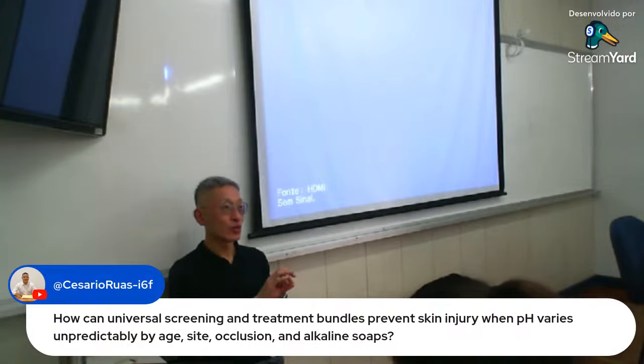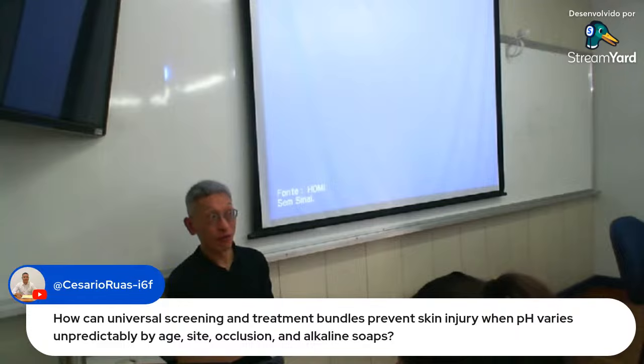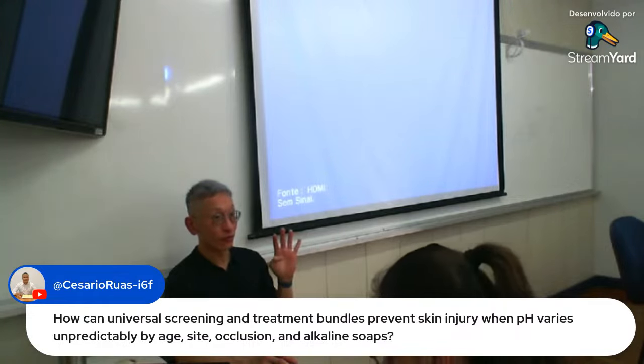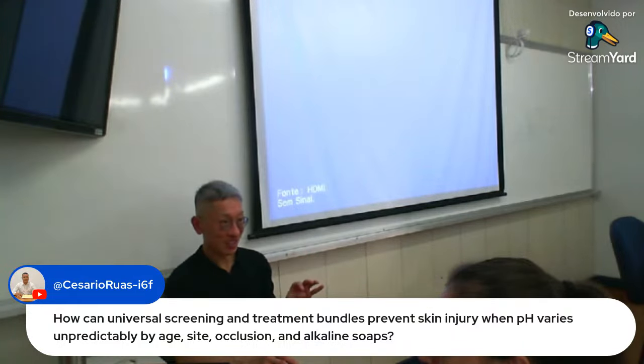We have to use another tool to screen for skin tears, another tool for MASD, another tool for other problems, for falls. So you end up using maybe 3 to 4 different tools to evaluate skin problems.